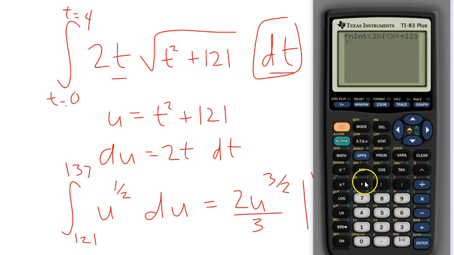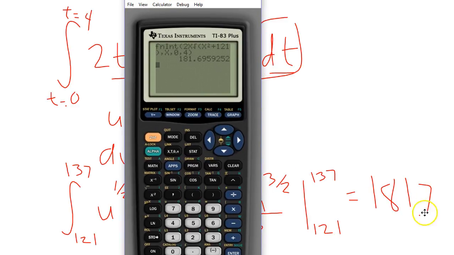Then you have to tell it the variable, so the variable's t, but we use x again for this, and then tell it your limits of integration, from 0 to 4, and it does a numeric integration. It's going to give you an approximation. Anyway, it gives us that same thing that we got there.